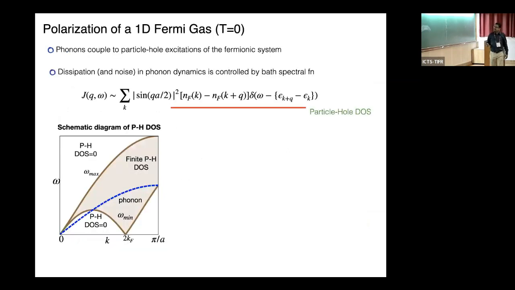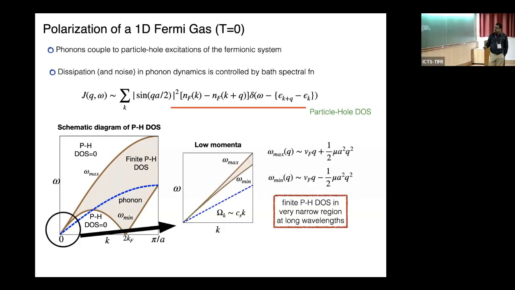Now, why is this? If you open up any textbook and look at the particle hole density of states of 1D fermions, you will see that at low K, there is an upper limit and a lower limit between which the density of states is finite. And so what happens is when you look at it at low K, the upper limit and lower limit is VFQ in both cases, plus minus order Q square.